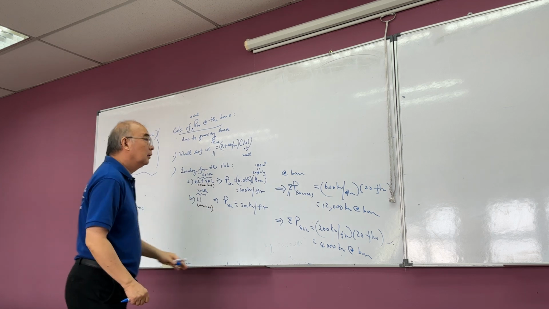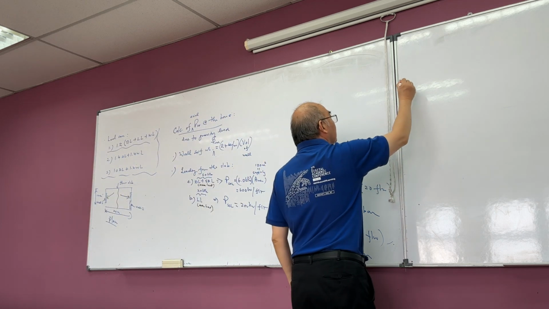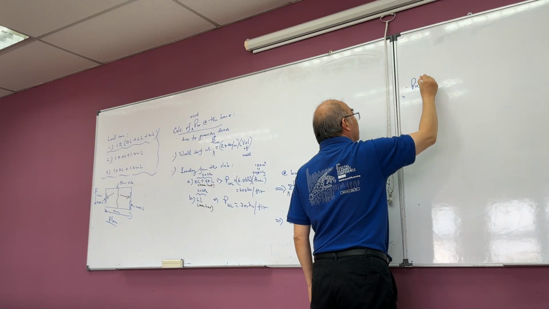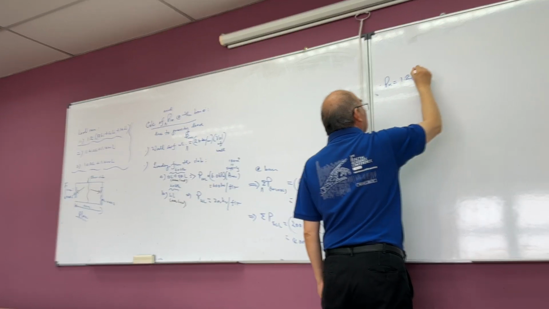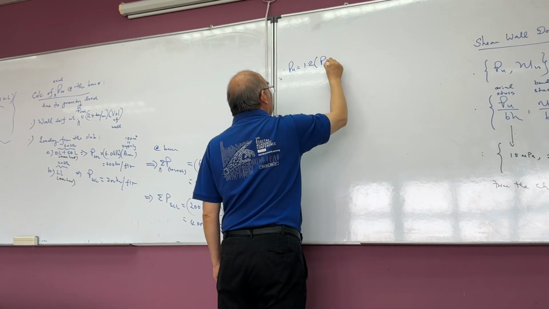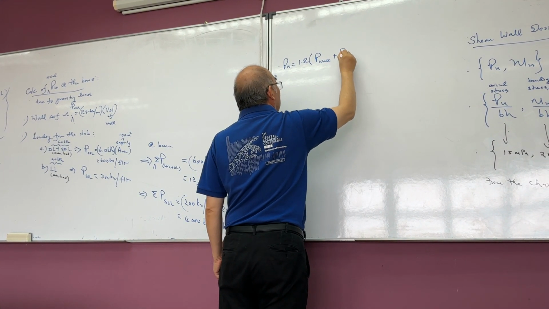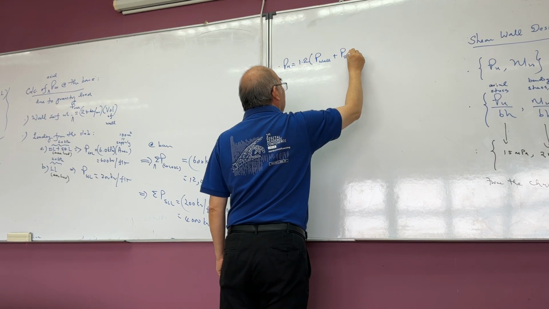Now I have to do the PU. So PU is equal to load factor 1.2 times P wall plus the superimposed load, plus that load.